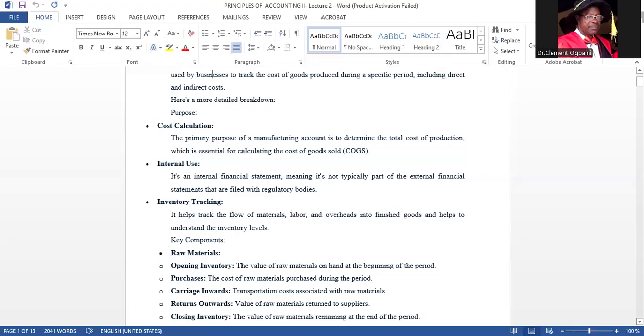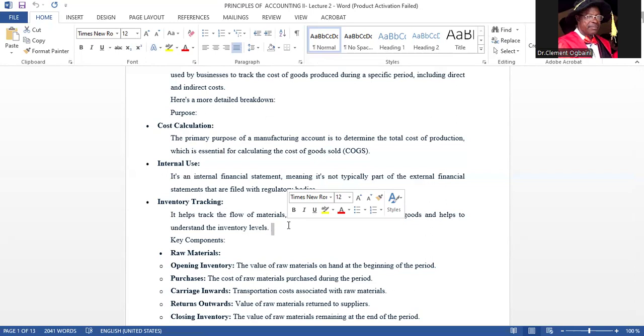And also, it will be difficult for you to know whether you are making profit in manufacturing that product. So some of the things that are specific about manufacturing account is that it helps us to determine the cost of goods produced. It is an internal statement of account, used internally for decision making.